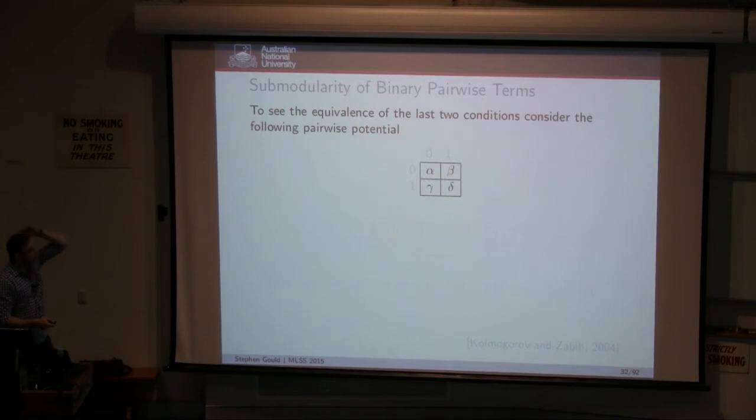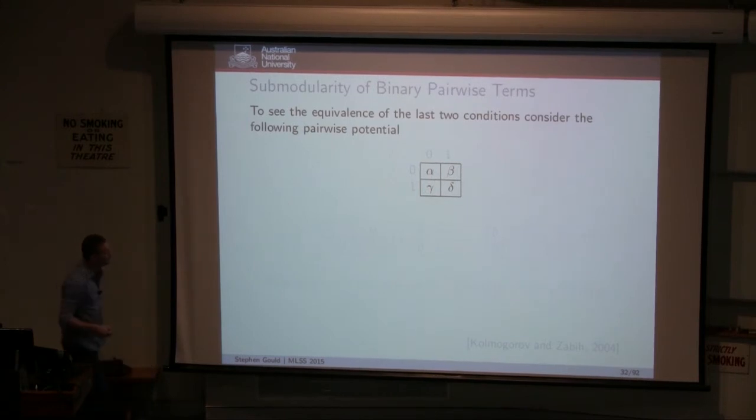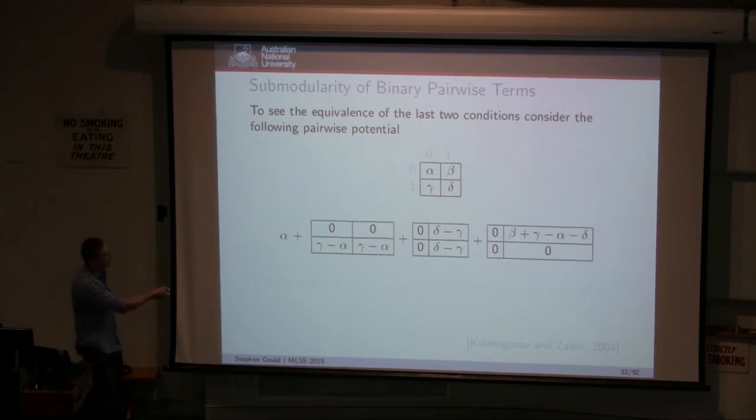and we can see through this construction here the equivalence of those last two conditions. So let's say we have a pairwise term that has this form, right? A very general form where you have values alpha, beta, gamma, and delta for all of the 4 configurations. Well, I can rewrite this pairwise term in this way, where it's the sum of these 4 different terms.